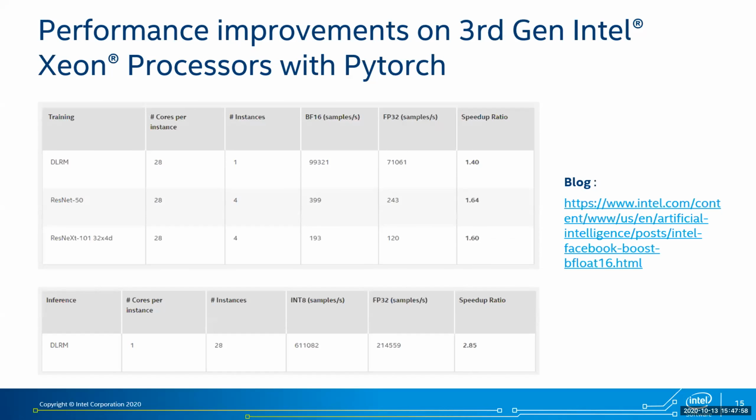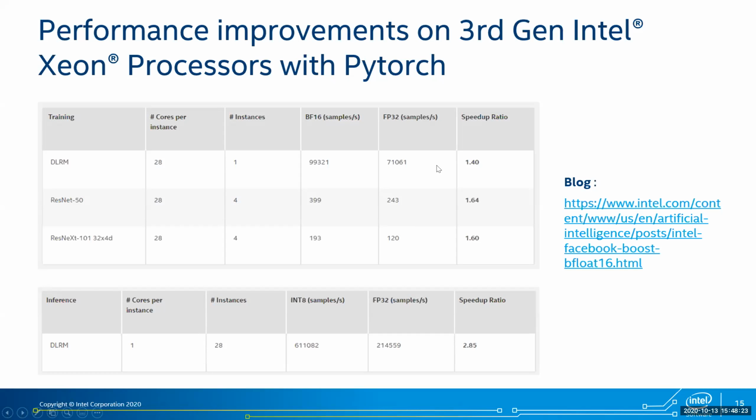The same story applies to PyTorch. These numbers are from PyTorch, but we did the experiment on a third generation Xeon server. We compare FP32 and BF16, and those experiments are conducted on the same architecture.